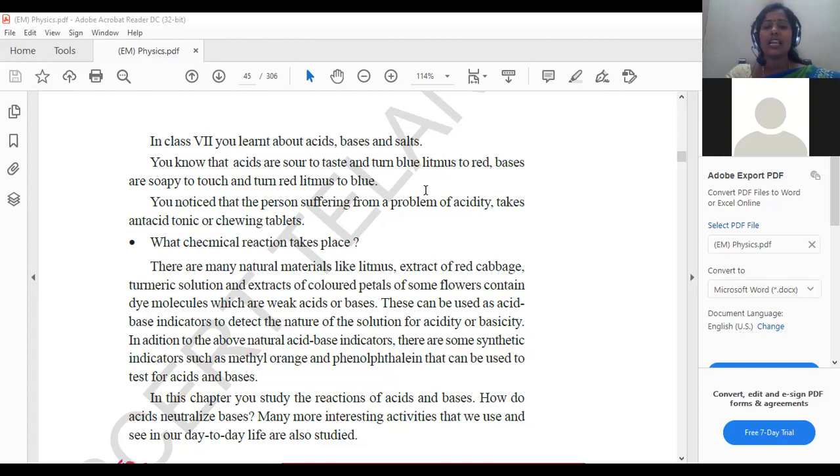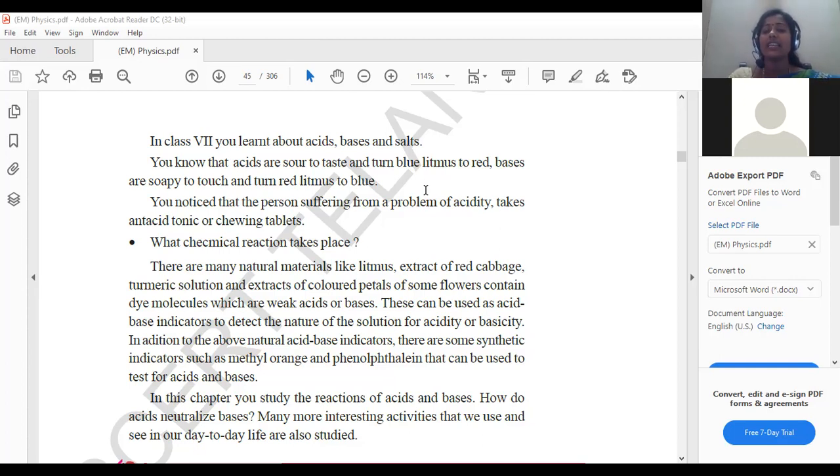On this pH scale, values from 0 to less than 7 are acids, and values more than 7 up to 14 are bases. At the value of 7, they are neutral substances. When the value moves towards 0, that is a strong acid. If the value is moving towards 7, that is a weak acid.